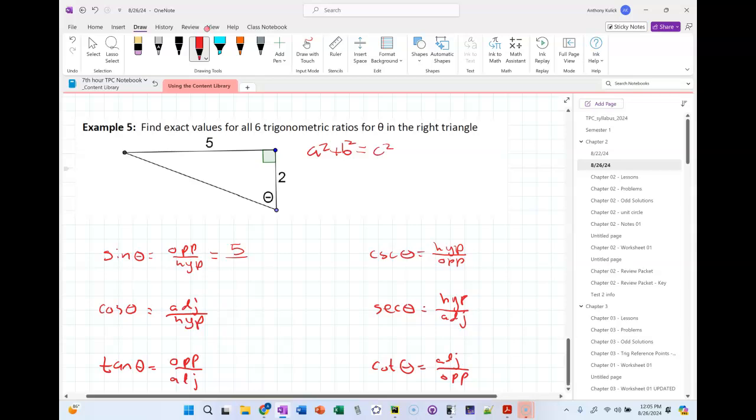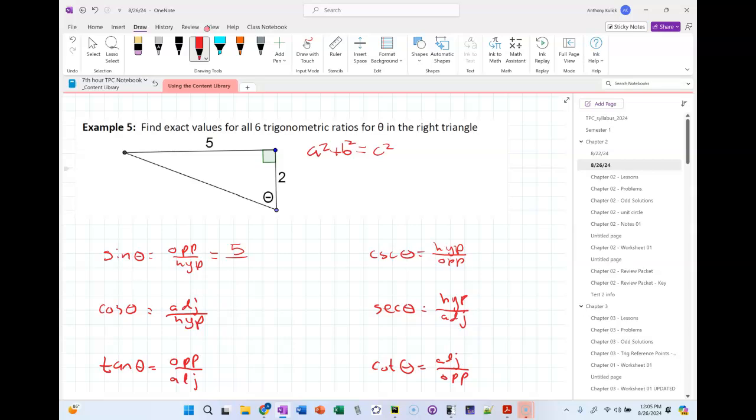So the Pythagorean theorem is a squared plus b squared equals c squared. One of those 3 letters, a, b, and c, is special. Which one is the special letter? C. What is special about C? It has to be the hypotenuse. The legs can go either A or B, it doesn't matter, but the hypotenuse must be C.